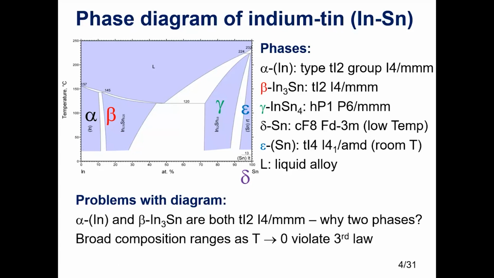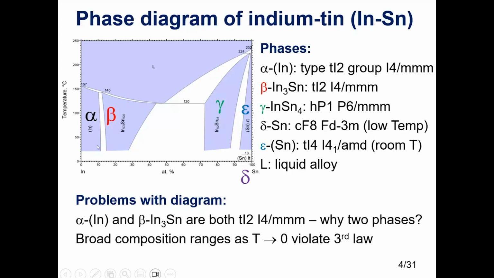Well, if we had a solid solution persist all the way down to 0 temperature, that would mean that it's possible to make random substitutions of one species for the other species. And that would then create an entropy that would violate the third law. So remember, the third law says that the entropy should vanish in the limit as temperature vanishes.